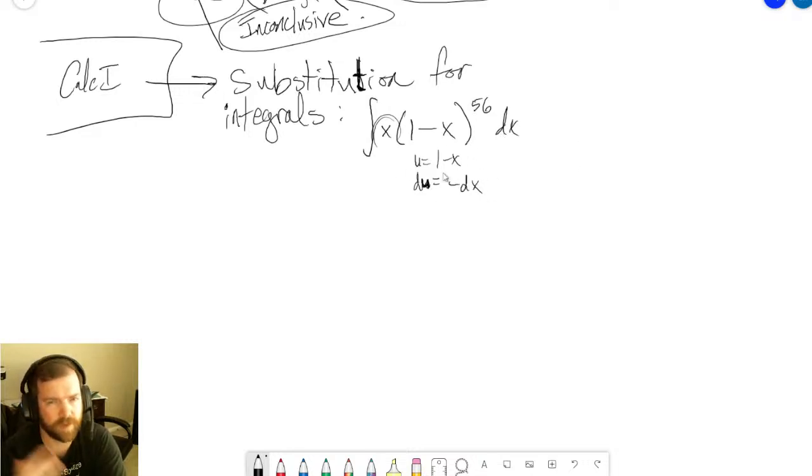It's going to be much harder to figure out what exactly is going on. You could solve it for x, so x would end up being equal to 1 minus u. And in theory, you could start trying to combine that, but it's going to get complicated.